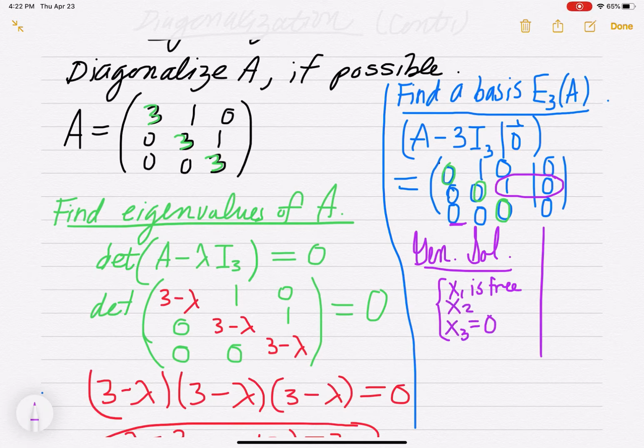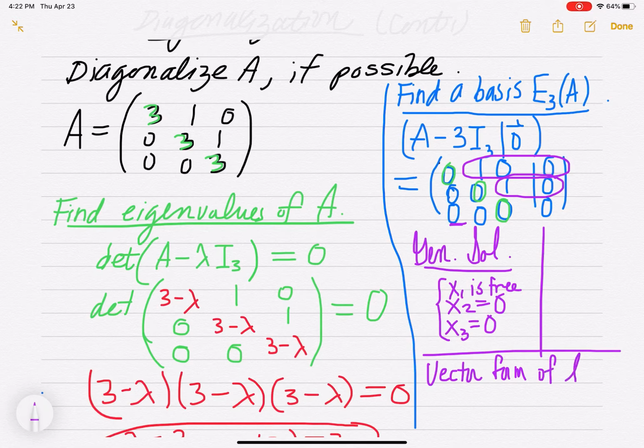And to find x2, you can look at the first row. It's going to tell you that 1x2 is equal to 0. So when you're looking at the vector form of the solution to this homogeneous linear system, we're going to have a vector x equals, literally, x1, 0, 0. And if we factor out the parameter x1, we're going to have 1, 0, 0.